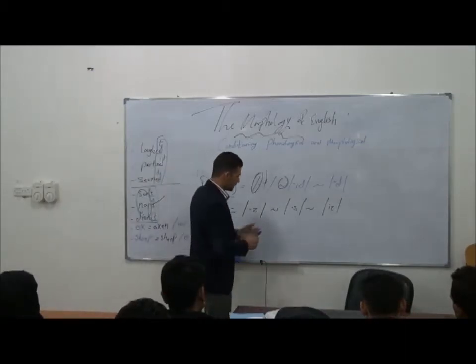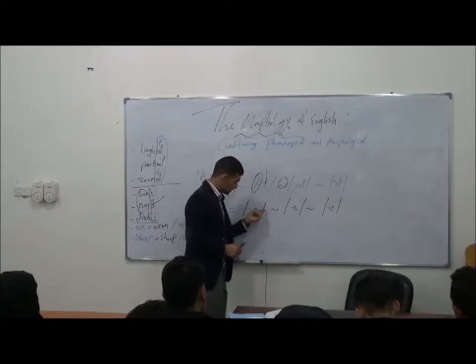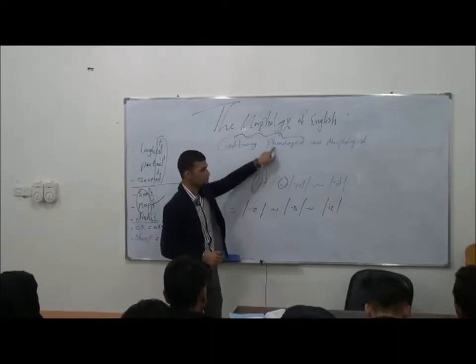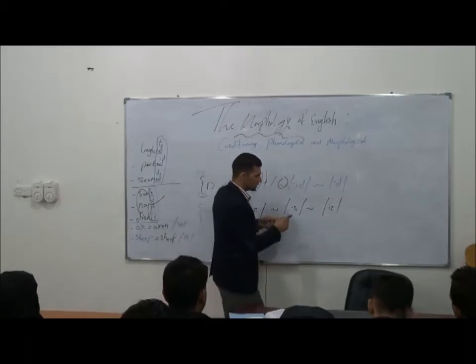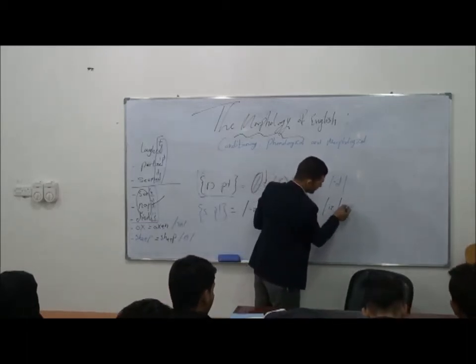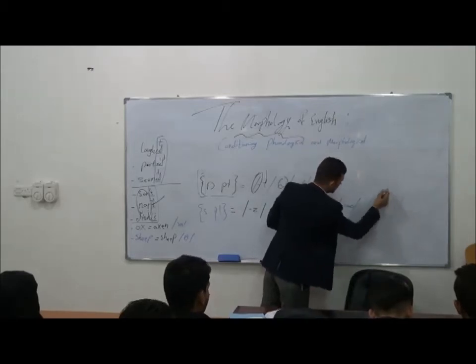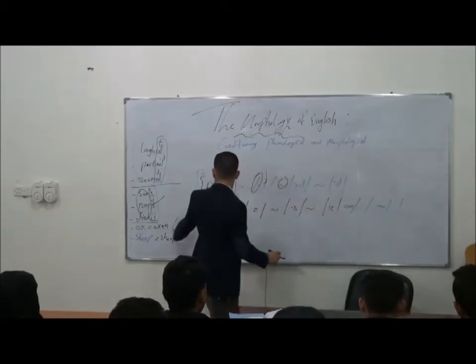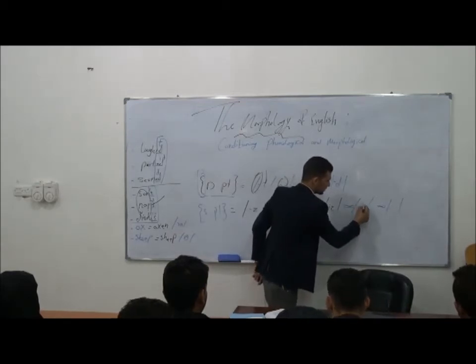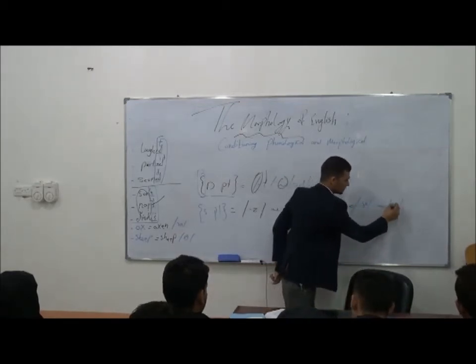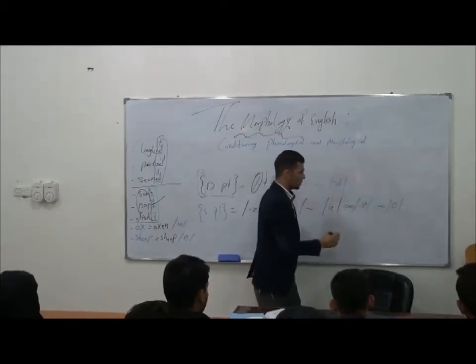They are written in this way. The tilde refers to the phonological condition. This sign refers to the morphological condition. So we have en, and 0.